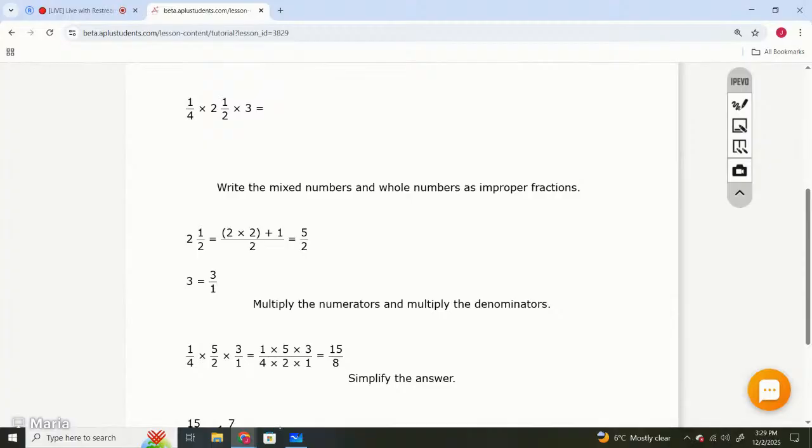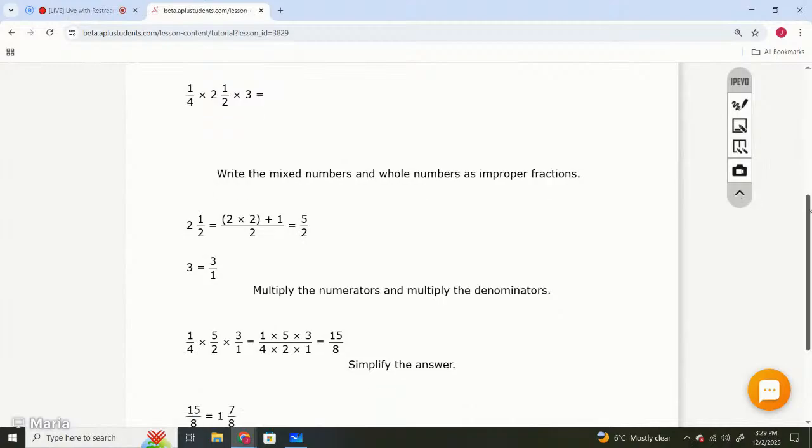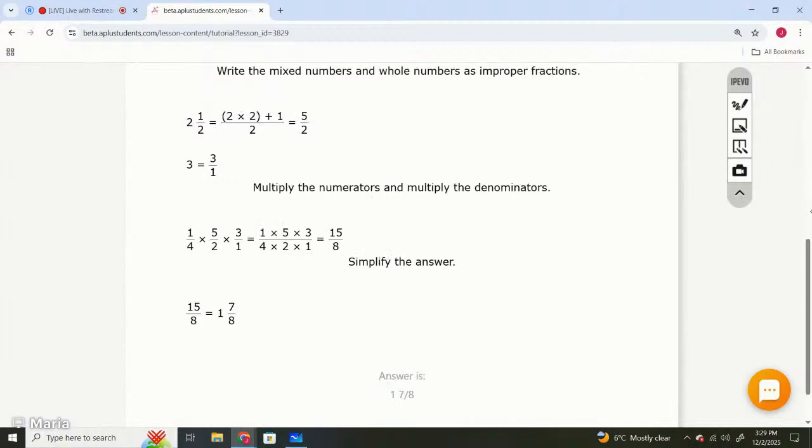Multiply all the numerators and all the denominators. So that is 15 over 8.